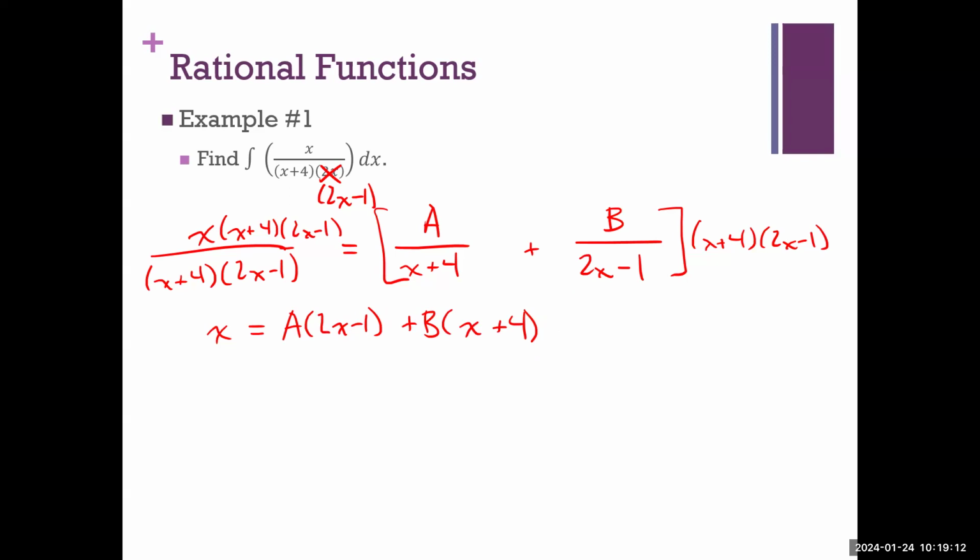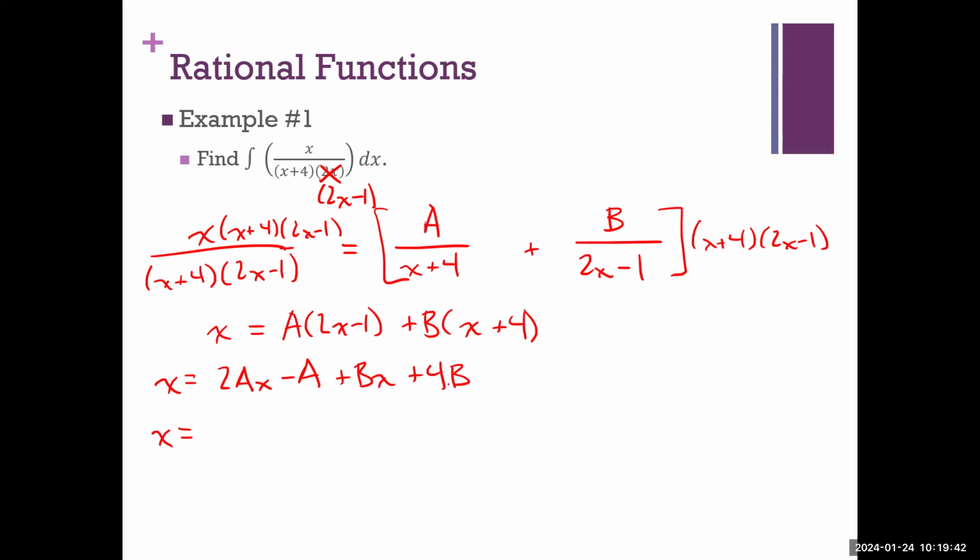Any ideas on how to go from there? So let's distribute and see what happens there. So I get x equals 2Ax minus A plus Bx plus 4B. And one more thing I'll do here, I'm going to factor things out. So basically, I'm going to group these terms in two ways.